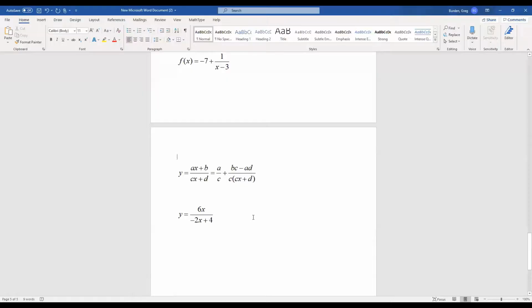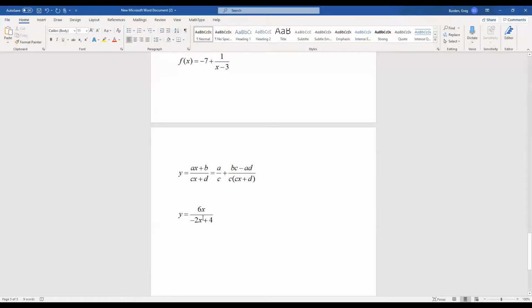As I mentioned before, what we really want to do is keep track of the asymptotes. The asymptotes are going to shift in a particular way. We could divide it out and see how this thing shifts, but if we can figure out the asymptotes, that's going to do the same thing. It's going to tell us how this graph shifts relative to the graph of y equals 1 over x.